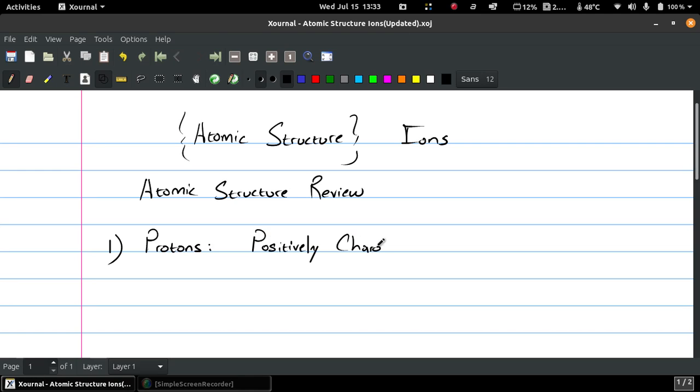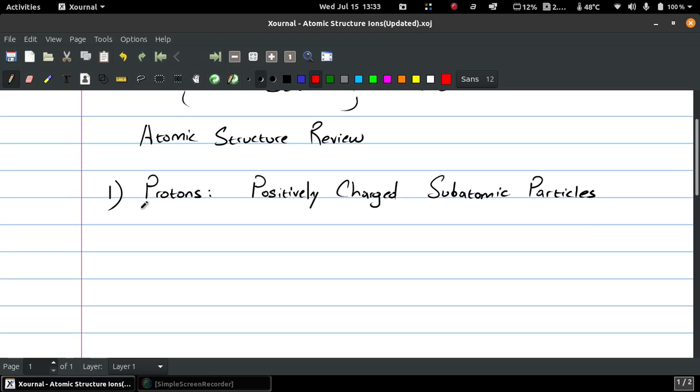And again, if you know this, you don't have to write it down, just pay attention. So protons are represented with P plus and atomic number.